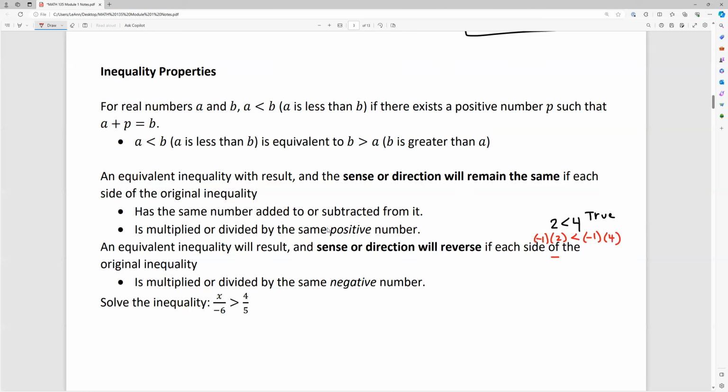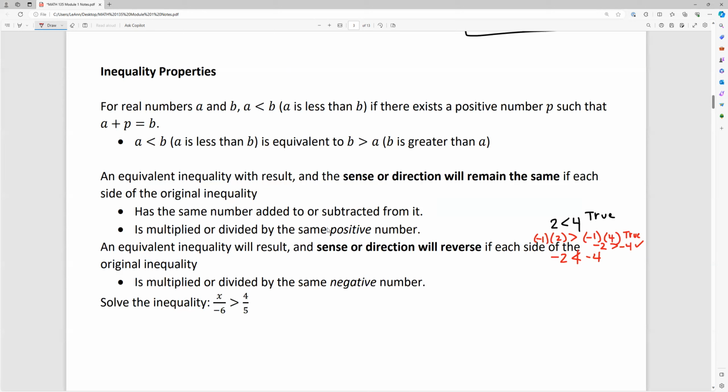So -2 is not less than -4. In fact, -4 is smaller on the number line. So that's why when you multiply or divide by a negative number, you have to change the direction to make sure that you get the correct answer. So -2 is greater than -4, okay? It's just something to be aware of.